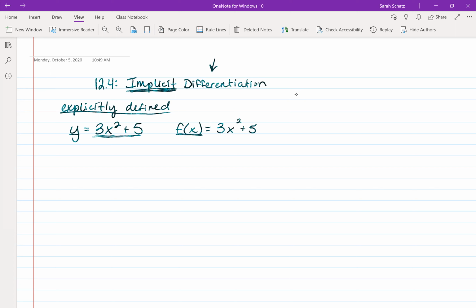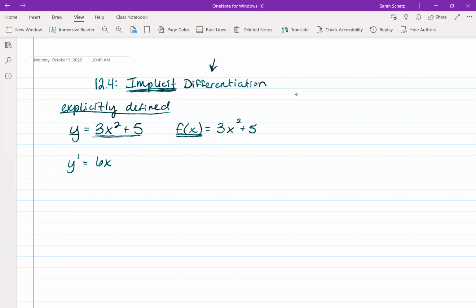So basically y is by itself. Now, when we take the derivative of this, I would write the derivative of y, or y prime, equals, and then I would do some power rule and get 6x, and that's it.